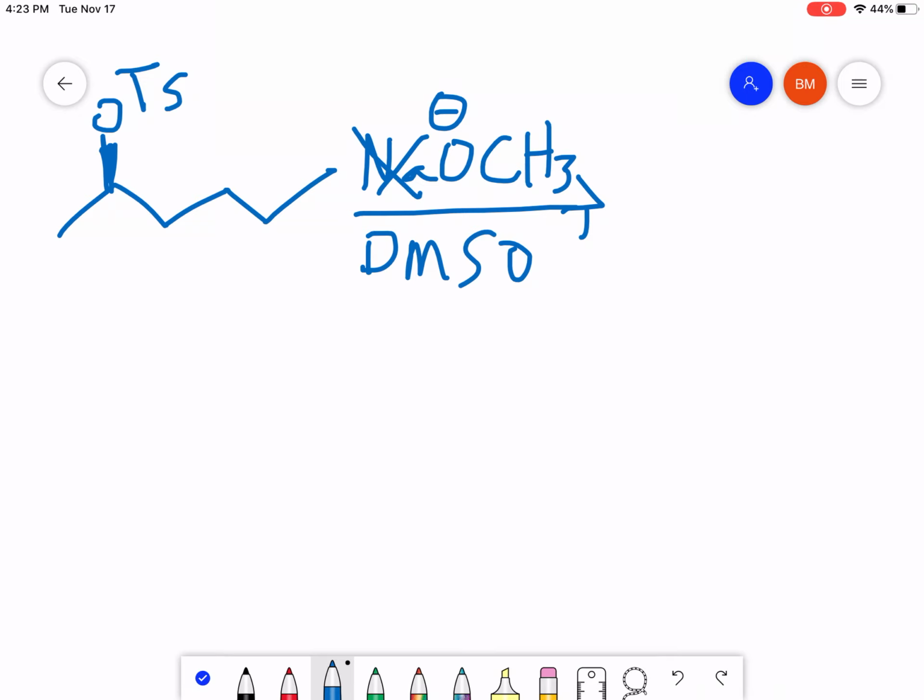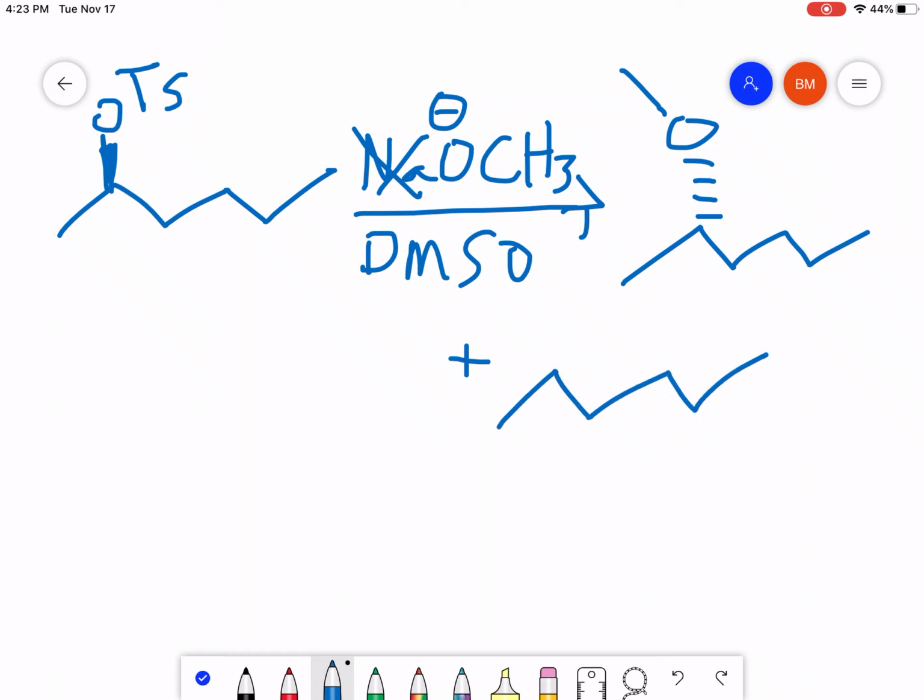We learned that if you have a secondary tosylate, you can actually have both, and you will have both, right? So you are going to get the substitution, the SN2, but you're also going to get elimination as well. You're also going to get E2.